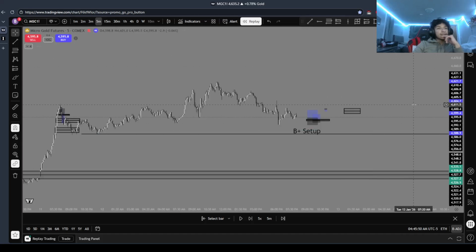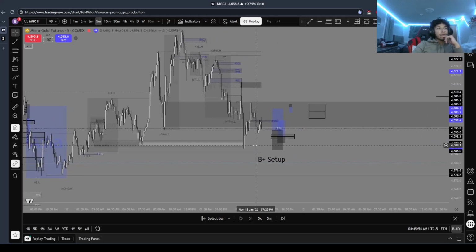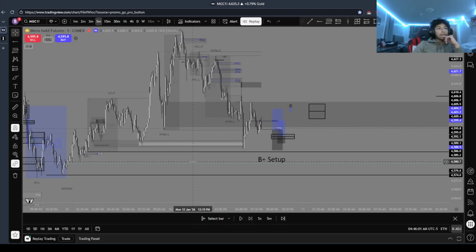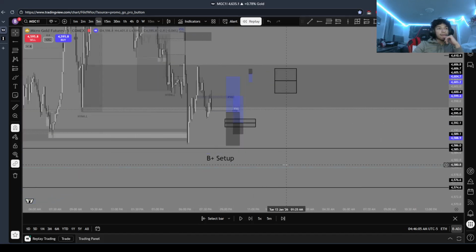But we actually ended up just reacting off of, I believe, London lows. So actually after we swept out this is when it became a B plus setup, because we just swept out this.